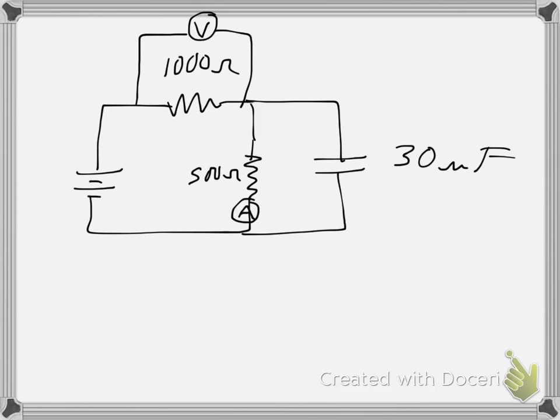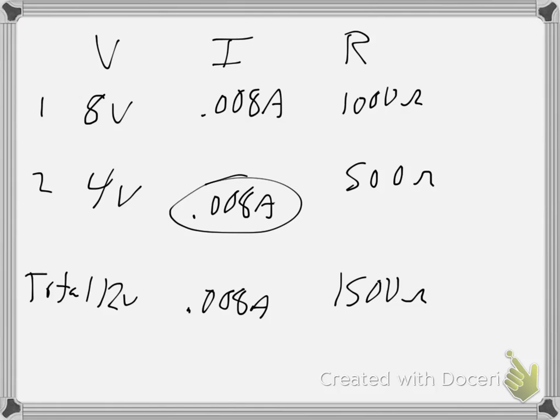Alright, next thing you want to know is calculate the charge stored on the capacitor. Now, you know that charge on a capacitor is Q equals CV. So, to find this charge Q, we need to know what the voltage across this capacitor is. And since this capacitor is parallel with the 500 ohm resistor, the voltage on the capacitor will be the same as the voltage on the 500 ohm resistor, which we found to be 4 volts a while ago.